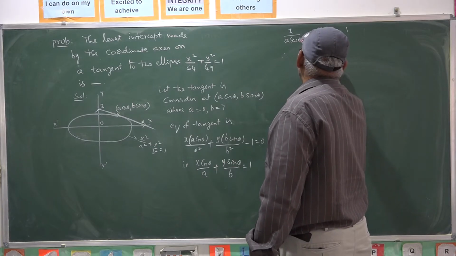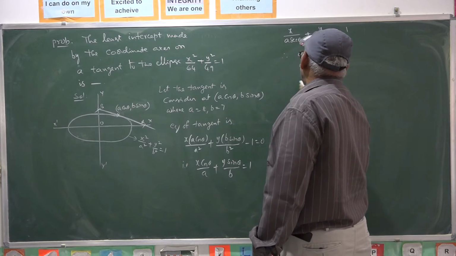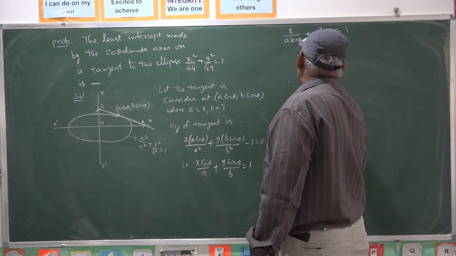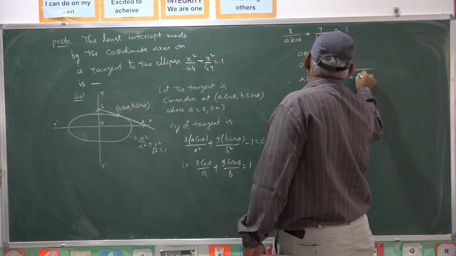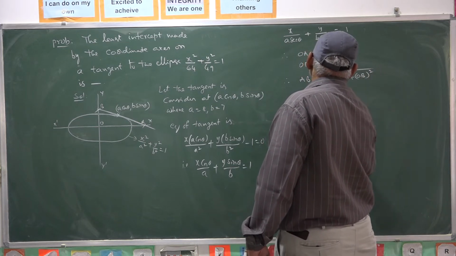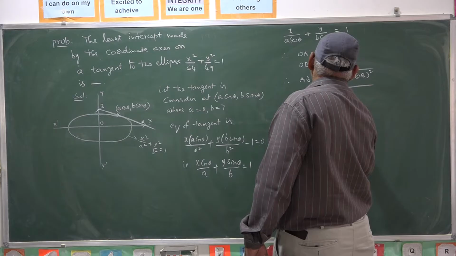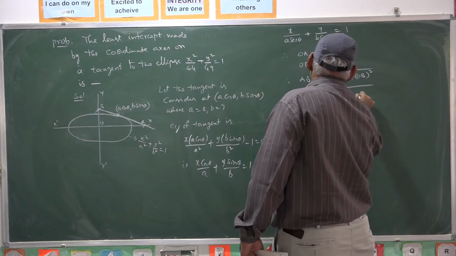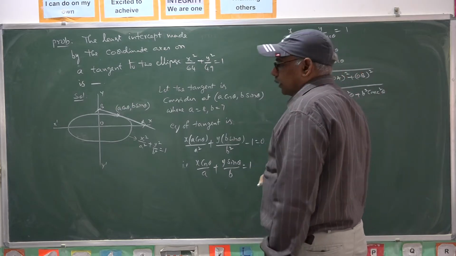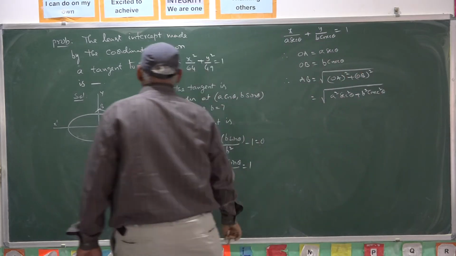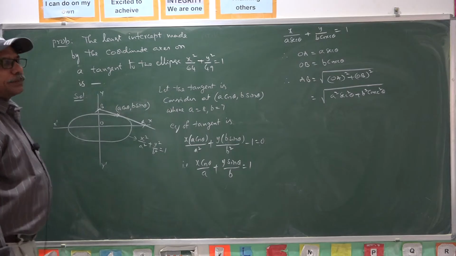The y-intercept is b cosec theta. Therefore, AB is under root OA square plus OB square. This is a square secant square theta plus b square cosec square theta. This should be minimized. This AB should be minimized here.